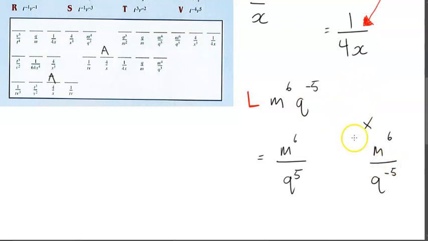This is implying something different, okay? These here are just two different correct ways of writing it. One with negative powers and one with positive powers. This is implying something different, so just be careful of this. So, m to the power 6 over q to the power 5 has the letter L.